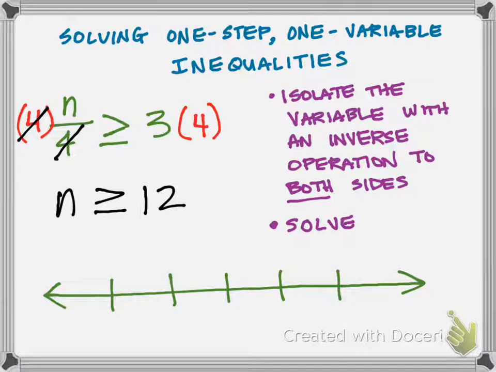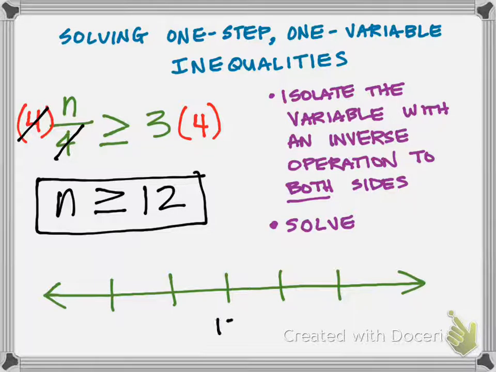So our final answer is that the variable n, whatever it is, has to be greater than 12, or it can also be equal to 12. So on a number line, we would put some spots. And we're saying that n can be 12 because it says it can be equal to it.